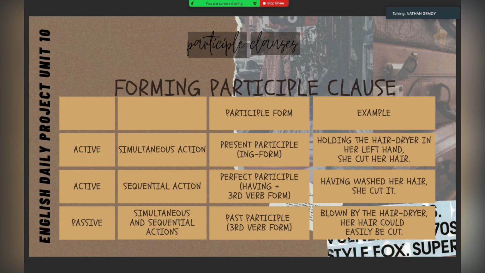For the sequential action, we use the perfect participle or having plus the third verb form. For example, having washed her hair, she cut it. For the passive sentence, it is both a simultaneous and a sequential action, so we use the past participle or the third verb form. For example, blown by a hair dryer, her hair could easily be cut.